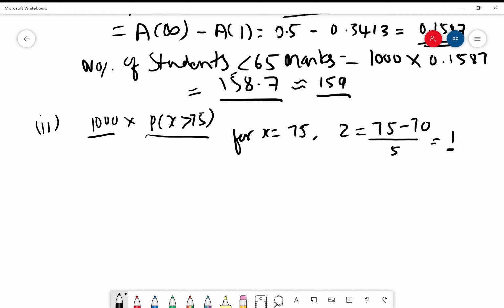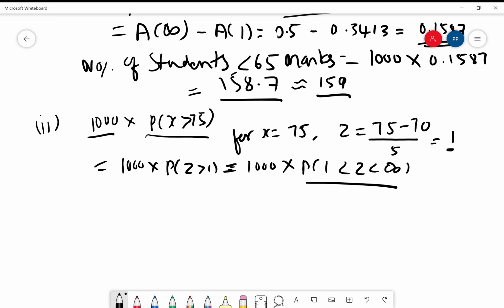Therefore, this becomes 1000 into P of z greater than 1, which equals 1000 into P of 1 less than z less than infinity.